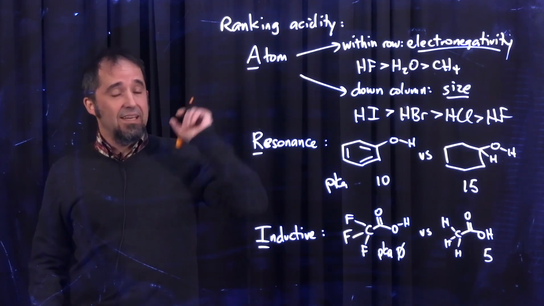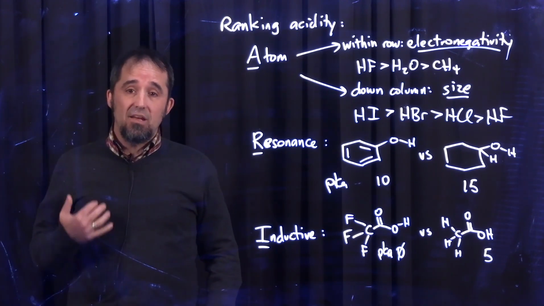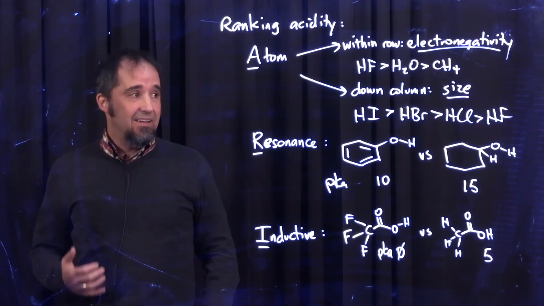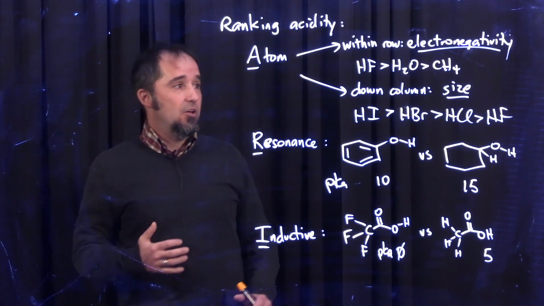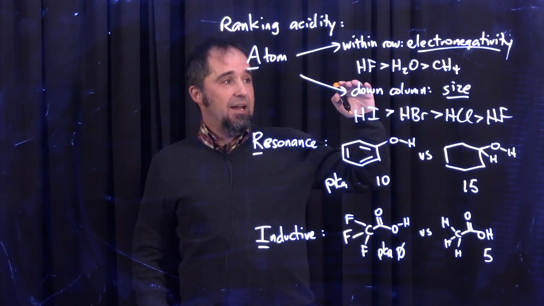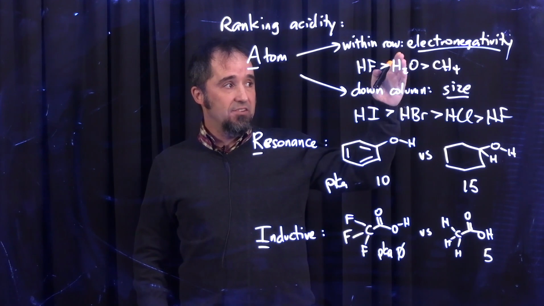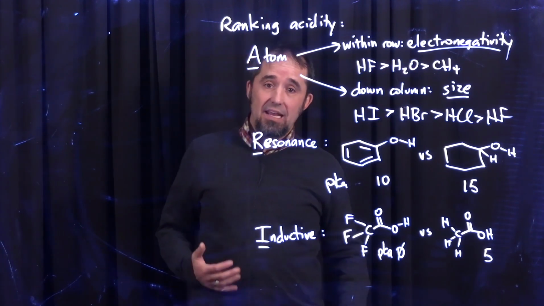So, ranking acidity. The first thing you're going to look at is what atom the hydrogen is bound directly to. That is usually the determining factor, right? So here, if I'm looking at different elements in a row of the periodic table, so looking at fluorine versus oxygen versus carbon, now I'm thinking about electronegativity.